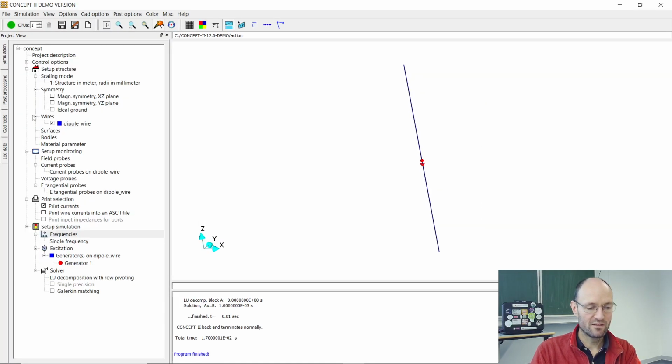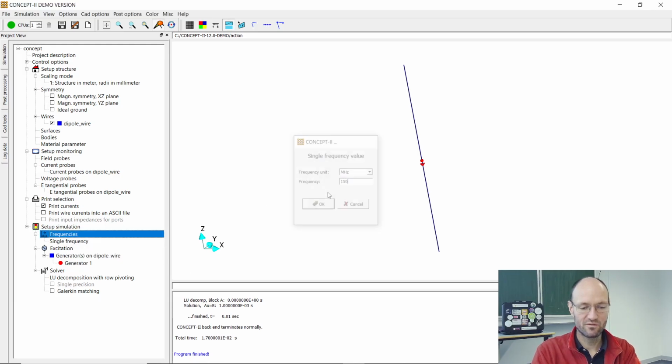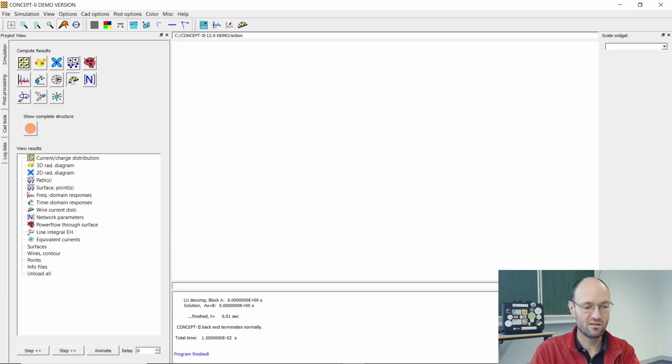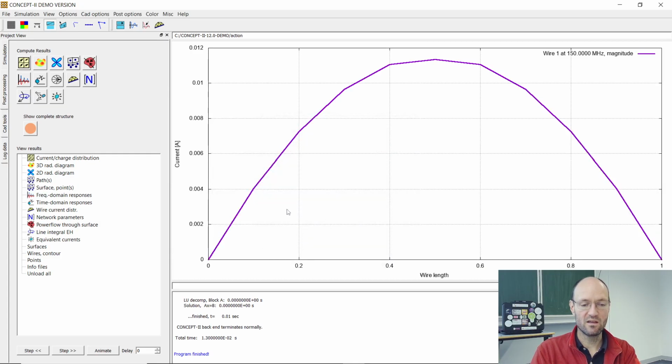So let's check. We go to frequencies, we go to single excitation, we set it to 150 megahertz, rerun the simulation once again, go to post-processing, do this thing here with the magnitude. And okay, then we see we get this nice half wavelength dipole current distribution that is also printed there in the table.